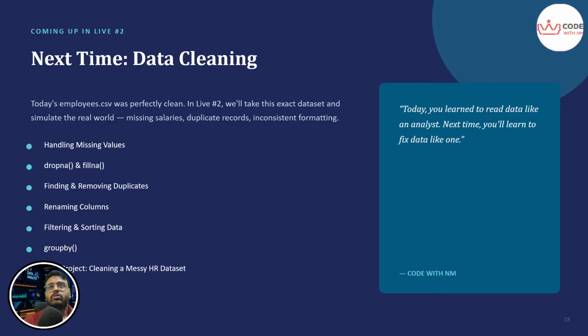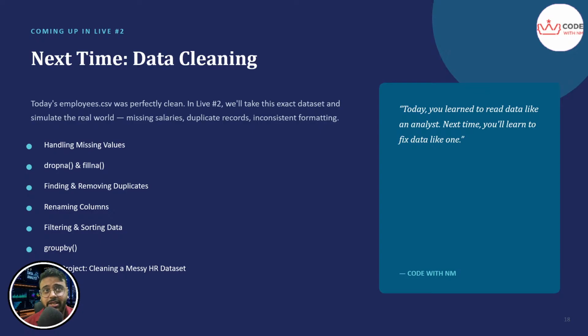Here is something important to understand before we close today's live. The employees.csv file we explored today is perfectly clean. In live 2, the second part, which I'm coming with on Sunday at 11 a.m. IST, Sunday morning, we are going to take the exact same data set.